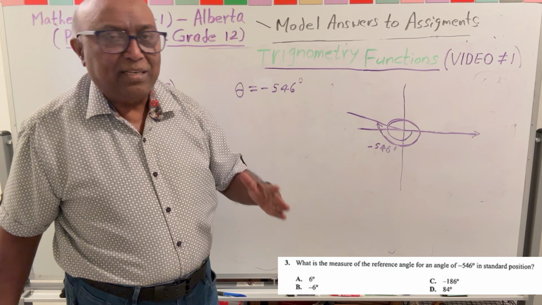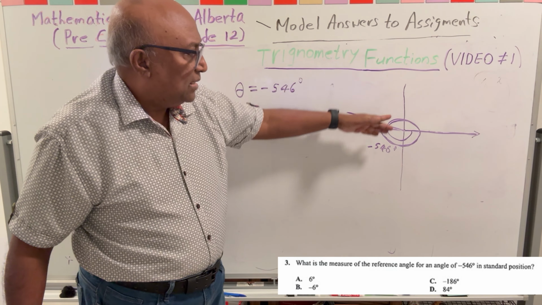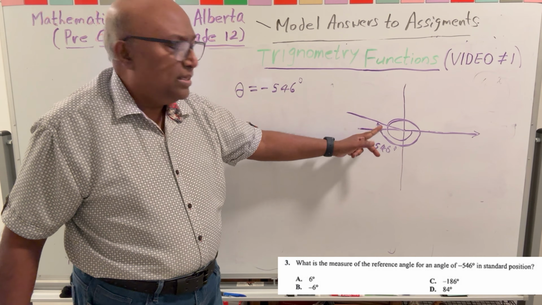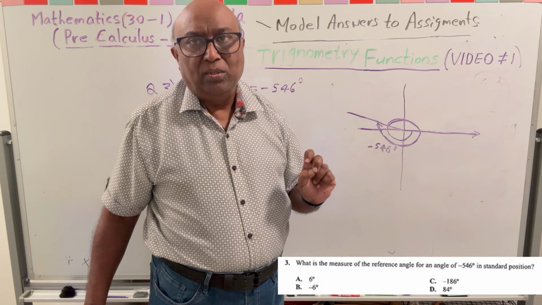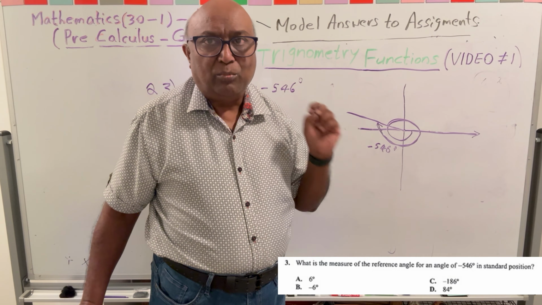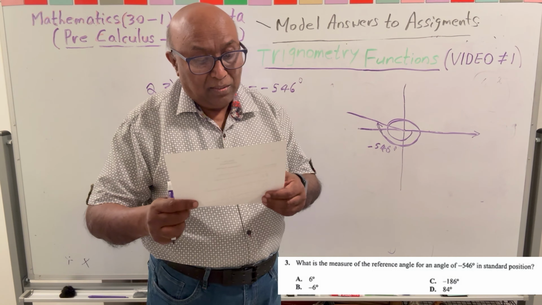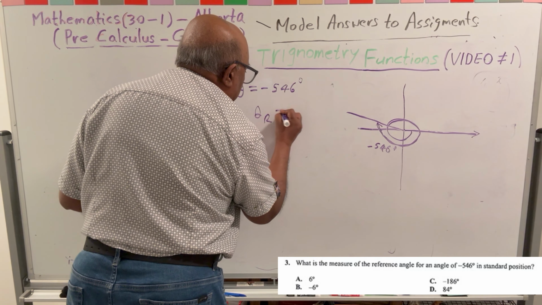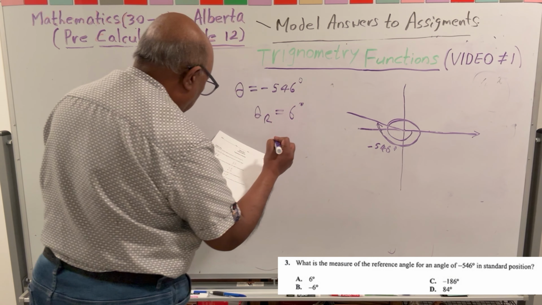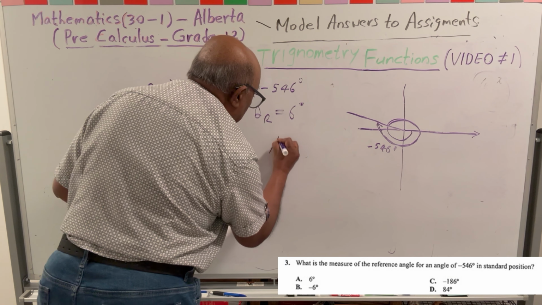Otherwise, the acute angle between terminal arm and x-axis. Remember always reference angle is positive. Reference angle is always positive acute angle. Then answer is actually reference angle is 6 degrees. That is answer number A.